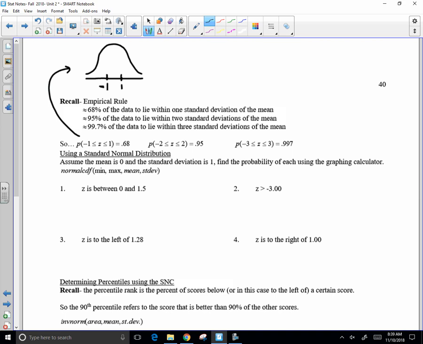What it's telling me is the probability of falling in this interval. All right. So we would be looking at percent of area first, which corresponds to the probability of falling in the interval.